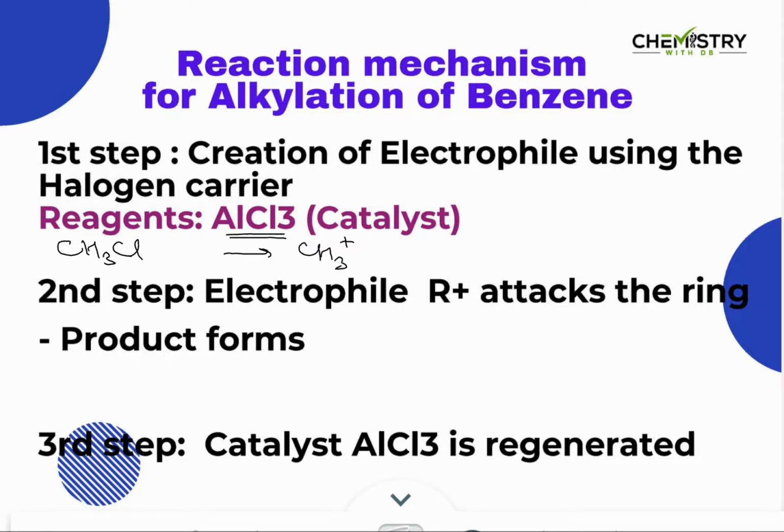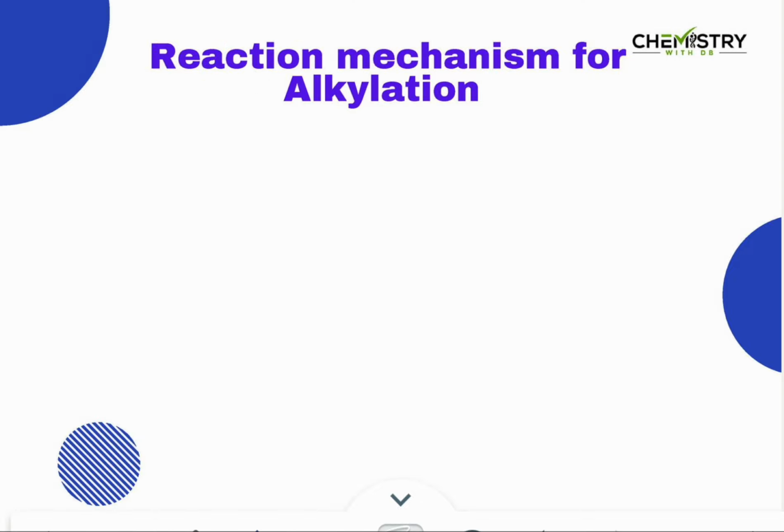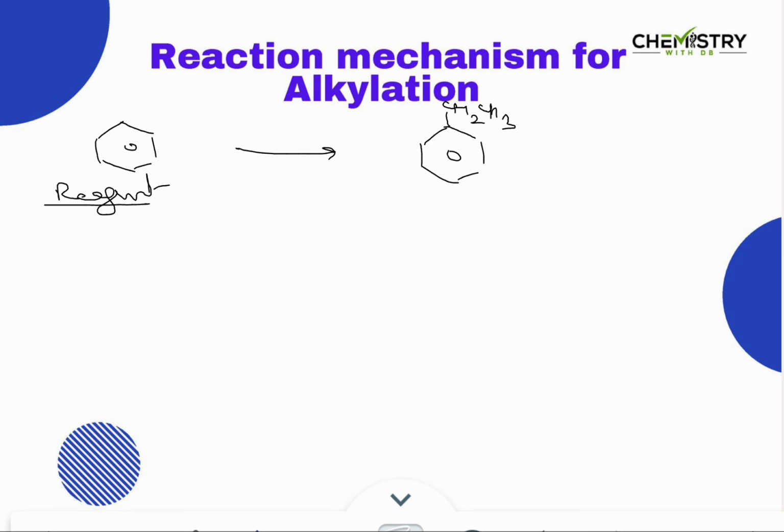Now let's look into this in detail, into the reaction mechanism. So let's say our target molecule is ethyl benzene from benzene, CH2CH3. Since we want to put an ethyl group on benzene, the reagent that we would use would be chloroethane.